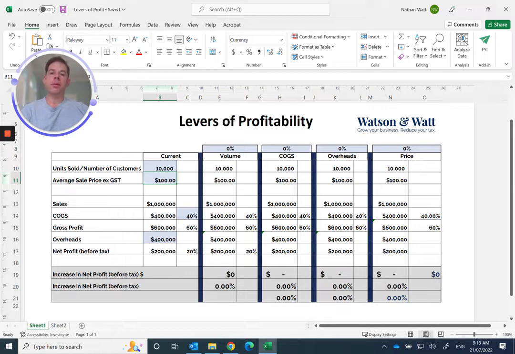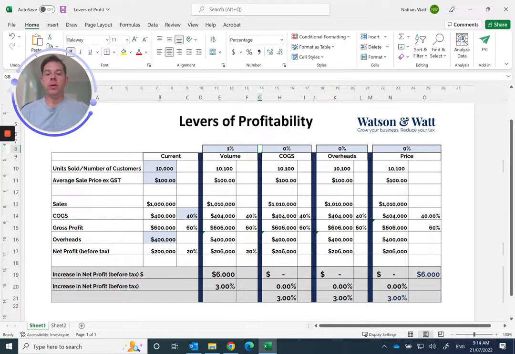So what happens if we're going to go and sell some more stuff for this awesome idea or marketing campaign or whatever it is? Let's have a look at a 1% increase in the volume sold. So we've increased the number of units we're selling from 10,000 to 10,100. Haven't changed the prices, haven't changed our overheads.